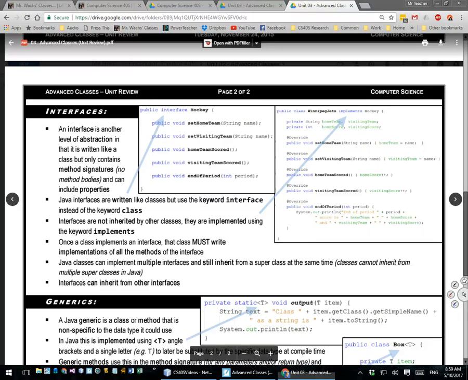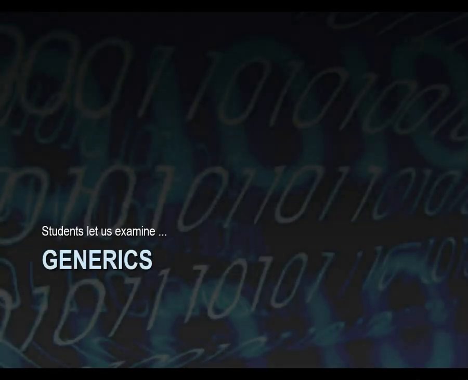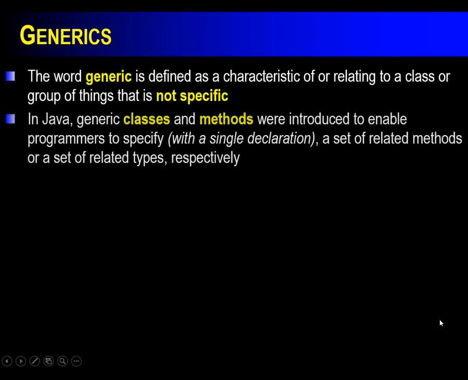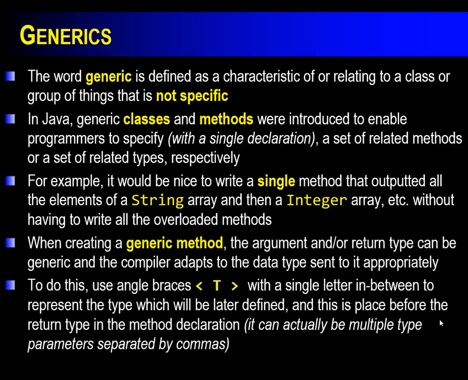But the thing I want to look at today is another new concept, the concept of generics. So the word generic itself means non-specific. Okay, so if something is generic, it's non-specific. So generic is defined as a characteristic of or relating to a class or group of things that is not specific.